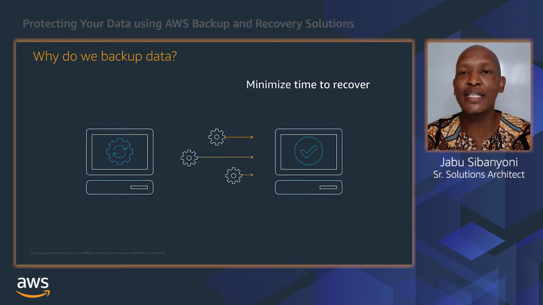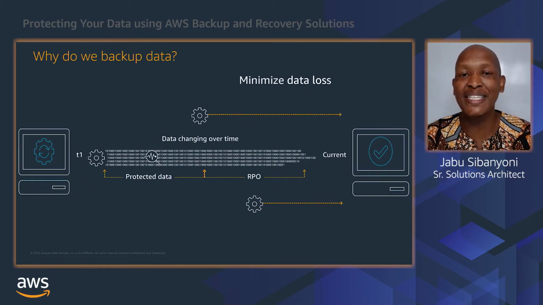This determines what is considered an acceptable time window when the service is unavailable. Also, organizations need to determine the RPO, that is the recovery point objective. This determines what is considered an acceptable loss of data between the last recovery point and the service interruption.